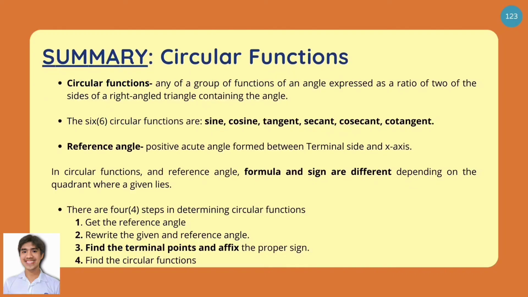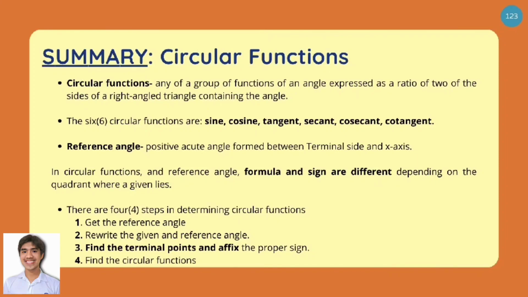For the summary of this discussion, remember that circular functions are any of the group of functions of an angle expressed as a ratio of 2 of the sides of a right-angled triangle containing the angle. Remember that there are 6 circular functions, and these are sine, cosine, tangent, secant, cosecant, and cotangent. We also have a reference angle.